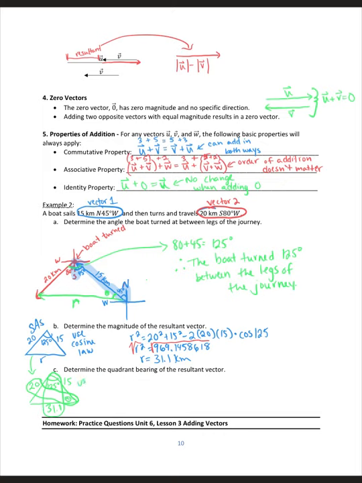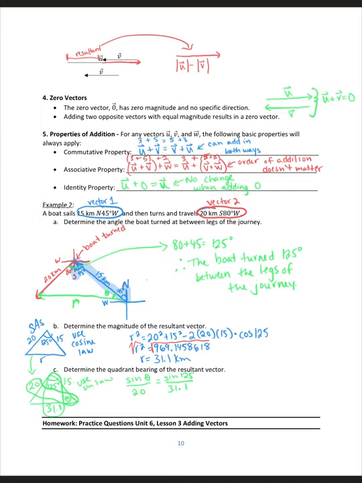So I'm going to use sine law to find my angle. We take the sine of theta over its related side, which is 20, and set that equal to another ratio of sides and angles. So that would be the sine of 125 over 31.1.